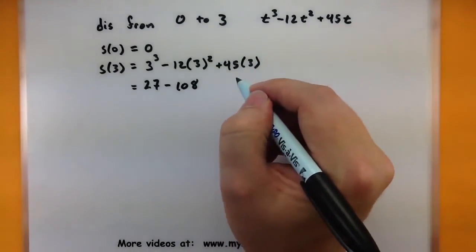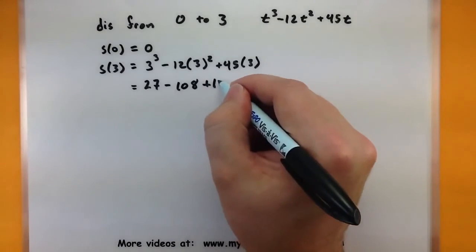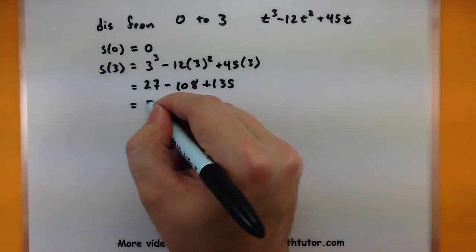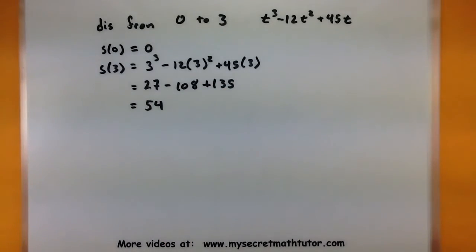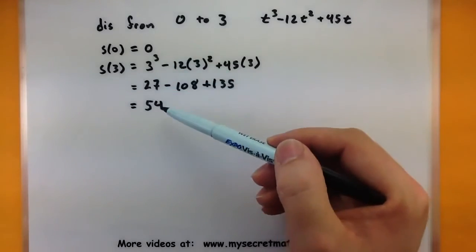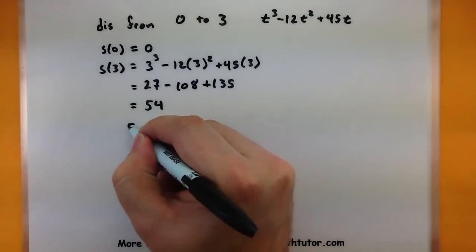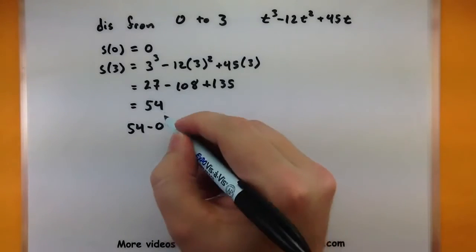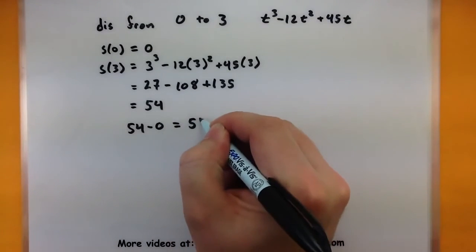And 45 times 3 would be plus 135. So its position, now it's at 54 meters. So in terms of how far it went from, say, 0 to 3, I can look at the difference of these two things. And that tells me that it traveled 54 meters.